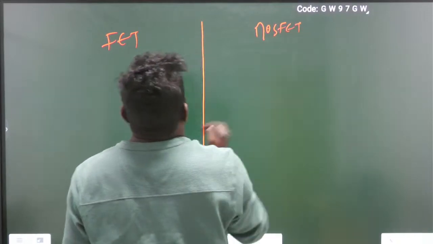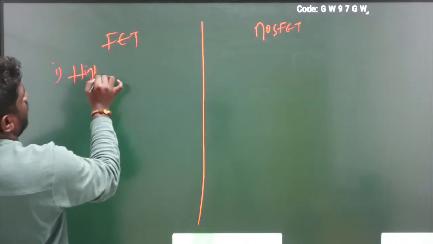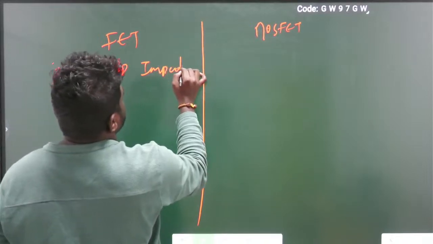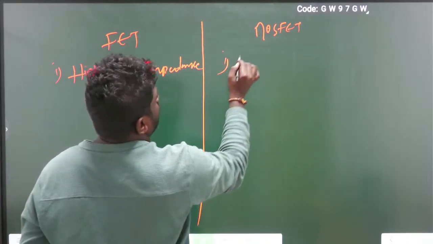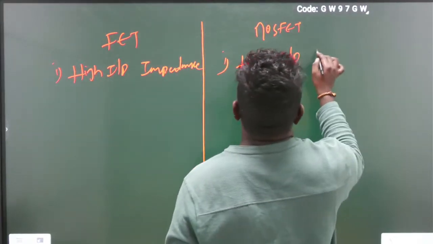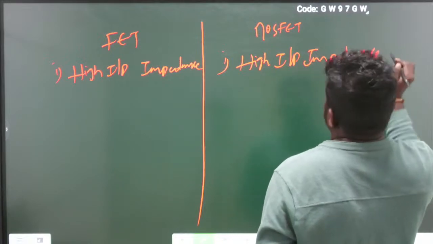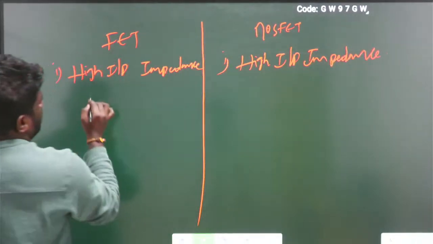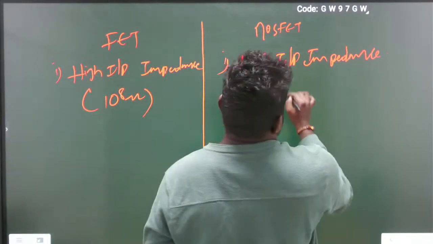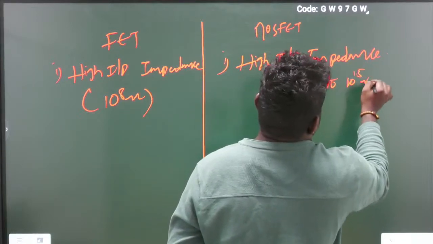So FET has high input impedance. MOSFET also has high input impedance. The order of high input impedance is around 10 power 8 ohm. It has a range of 10 power 8 to 10 power 15 ohm.